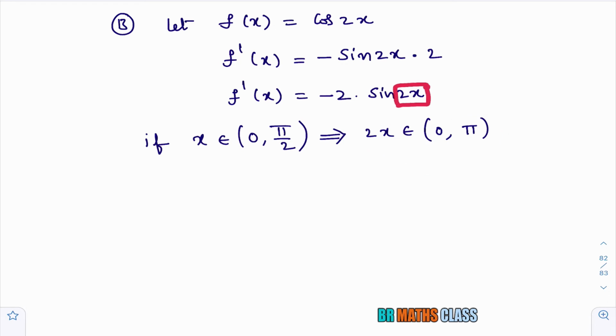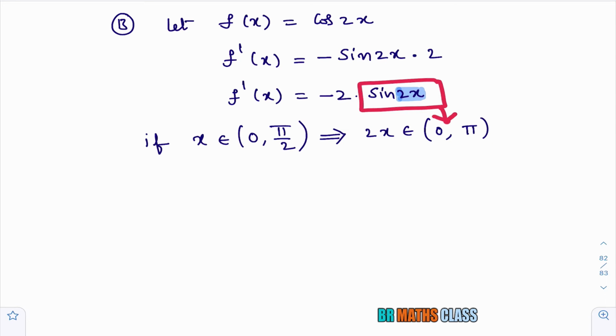When 2x is in the first quadrant or second quadrant, sin 2x is positive, because sin x is positive in the first quadrant and second quadrant. I hope you are understanding. So when 2x belongs to this interval, sin 2x is positive.